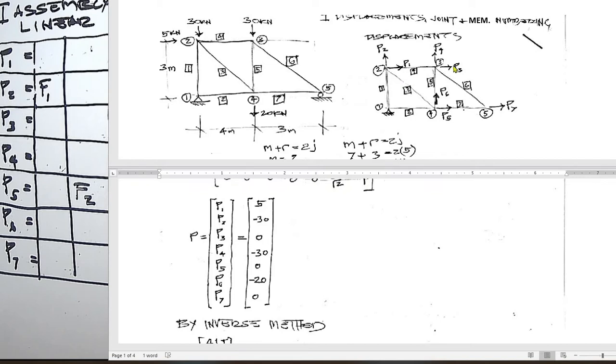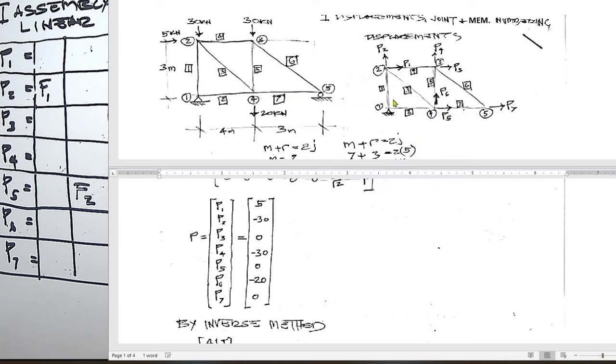And then, for P3, meron bang horizontal load sa node 3? Wala, kaya naging 0 yon. And then for P4, meron bang vertical load sa node 3? Meron, yan. 30 pababa, kaya naging negative 30 yan. Sa P5 naman, meron ba?